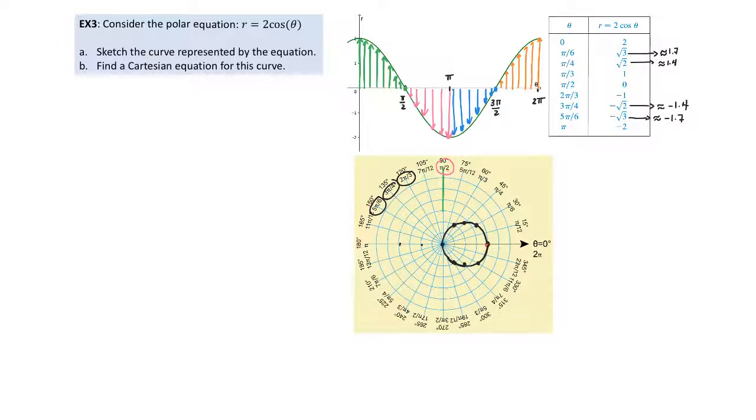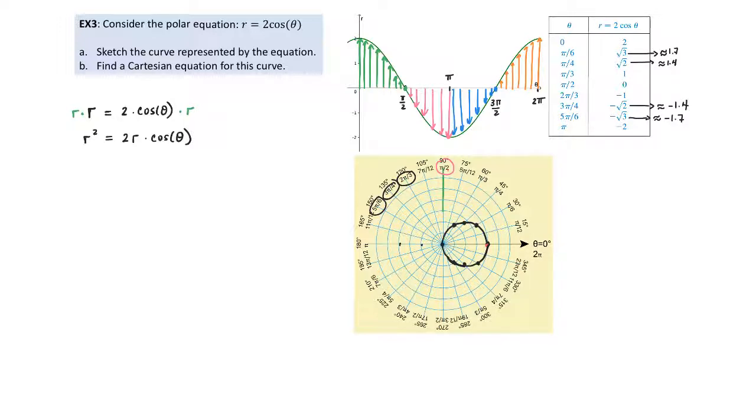Let me begin by writing down the actual equation. r equals 2 times cosine theta. Then we are going to multiply both sides by r. So this is going to be my trick right here. When we do that, we're going to have r squared equals 2r times cosine of theta.